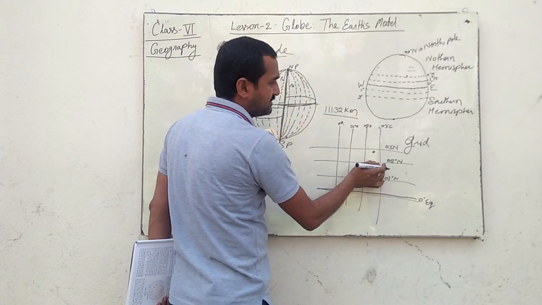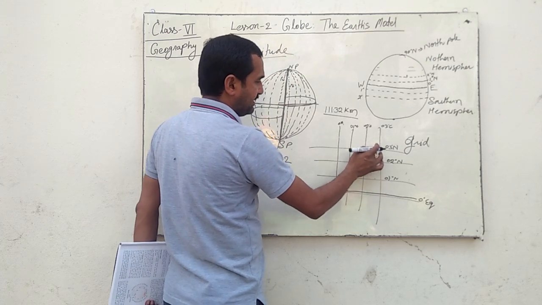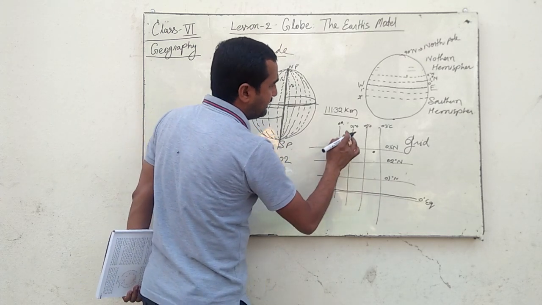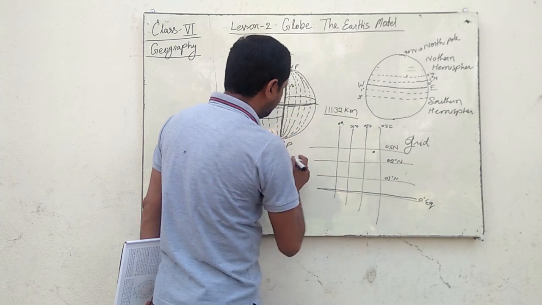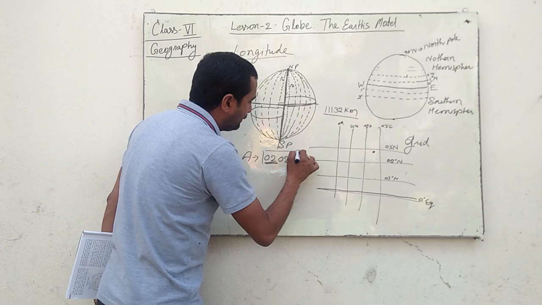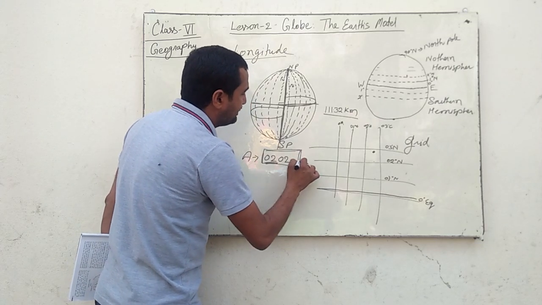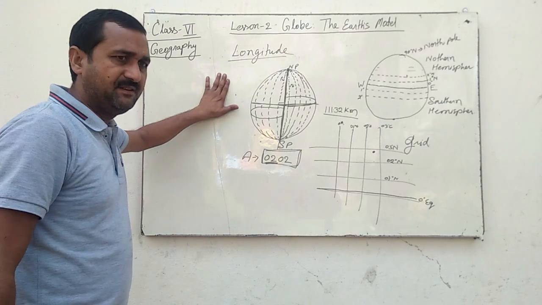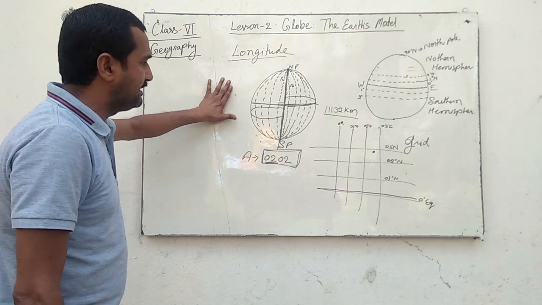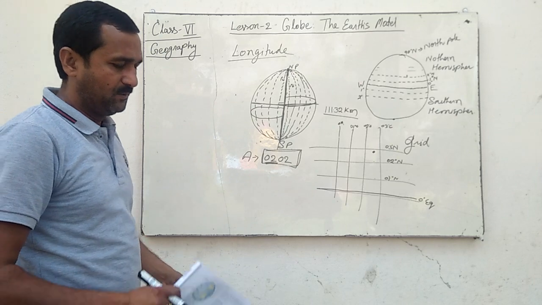So after the second latitude, it is given 0, 2, and again from here if we move 1, 2. So this is the absolute location of the place. So now relative location and absolute location is over.